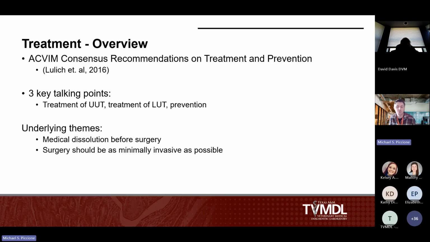And in general, what these diets do is they work by altering urine pH. So in the case of patients with struvite uroliths, they work by lowering the pH or acidifying the urine. They also work by modifying, more appropriately than minimizing, the building blocks from which these uroliths form.